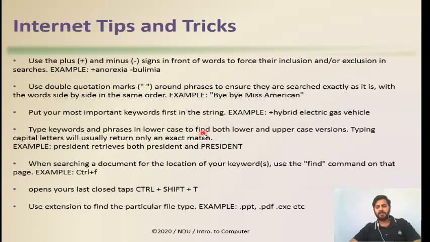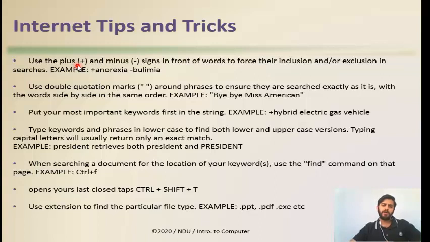So at the end of this chapter, we'll discuss a little bit about internet tips and tricks. If you write a plus in front of a word, you give it importance. I'm talking about when you are surfing on the web browser and you want to give importance to a particular word.